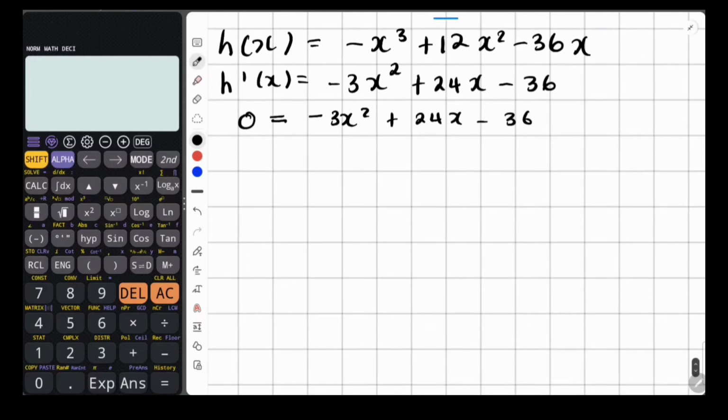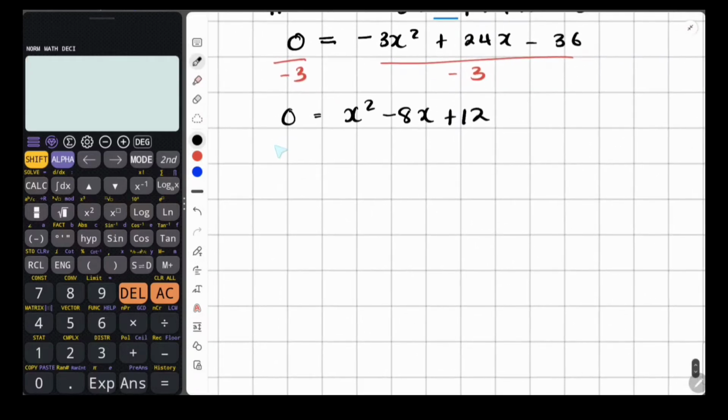This is something we have to factorize, but also notice there is a common factor of negative 3 all through. So we're going to divide both sides by negative 3 so that it can be positive, and we get 0 is equal to x squared, 24 divided by 3 gives a negative 8x, and negative 36 divided by negative 3 is a positive 12.